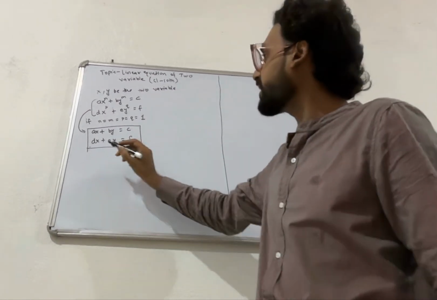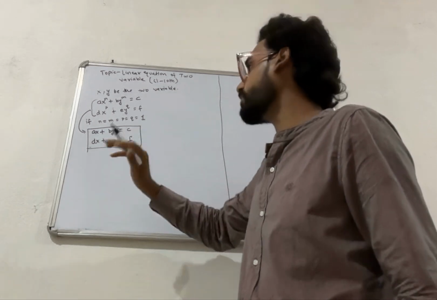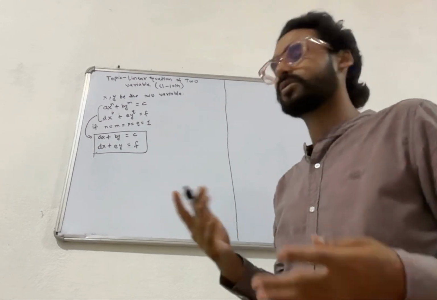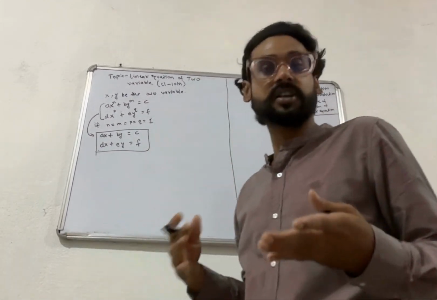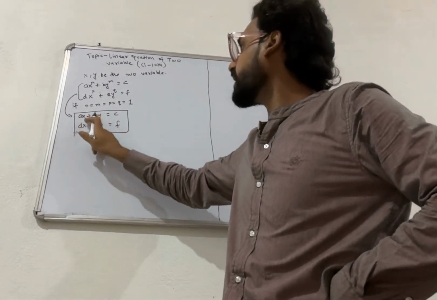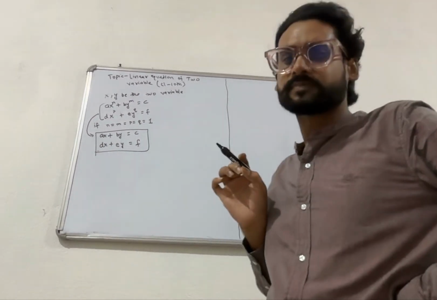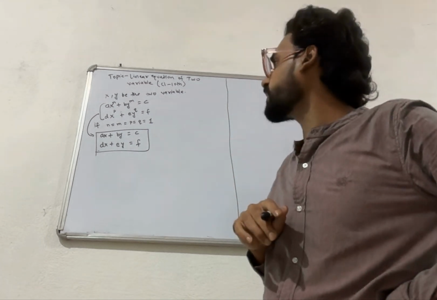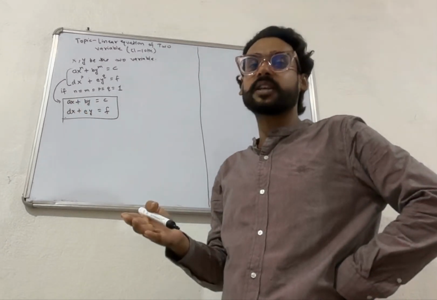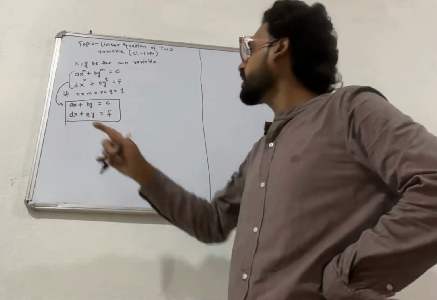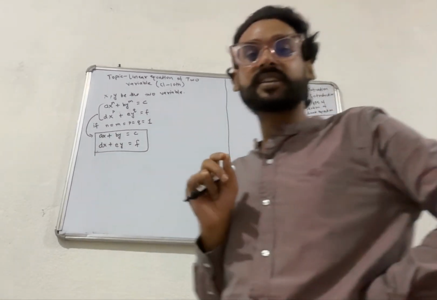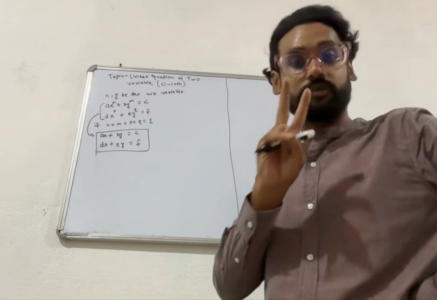Here there are two variables x and y, and obviously a, b, d and e are constant coefficients. x and y are variables, and it's up to you which variable is dependent and which is independent. So when the power of the variable is equal to 1, we call it a linear equation of two variable.